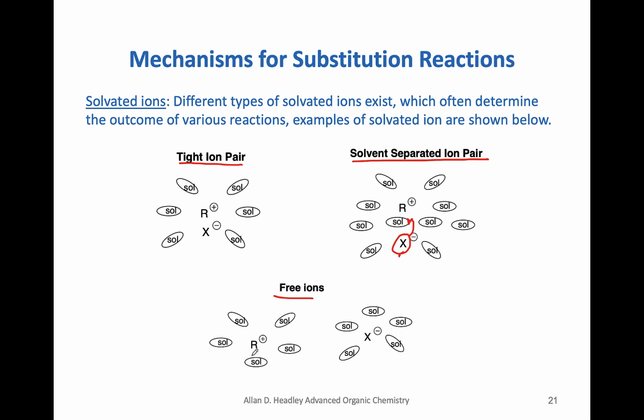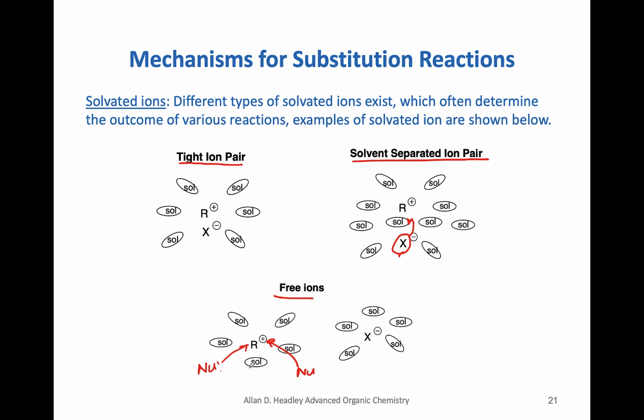Here are the free ions. So here we have the carbocation that's solvated, and we have the anion that's solvated. So in this case, you would expect complete racemization, where the nucleophile or the water or the solvent can come from this side or from this side to form a racemic product if the reactant here is in fact chiral.